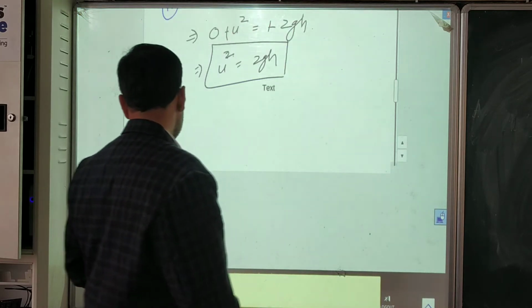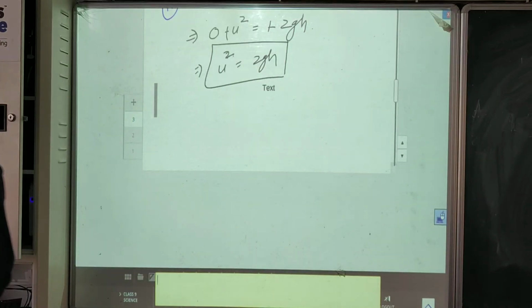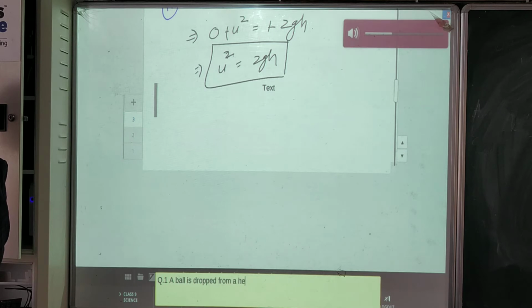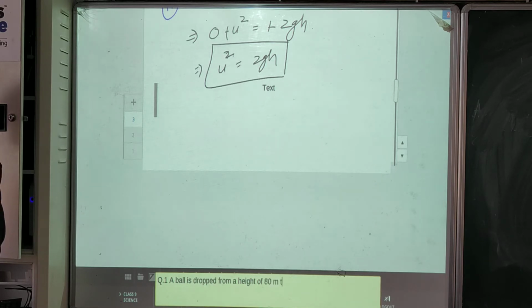The question, as you can see over the board, is: a ball is dropped from a height of 80 meters towards the ground.